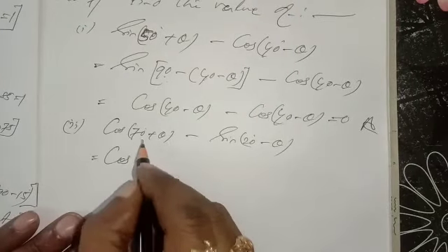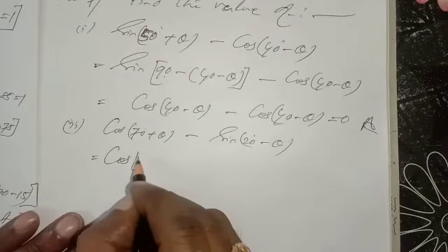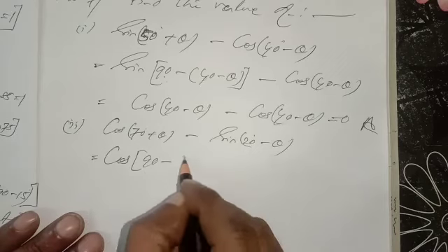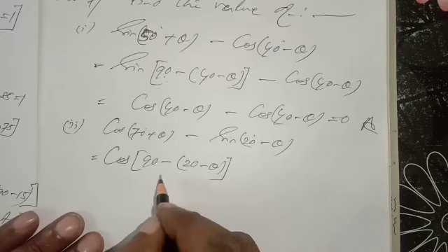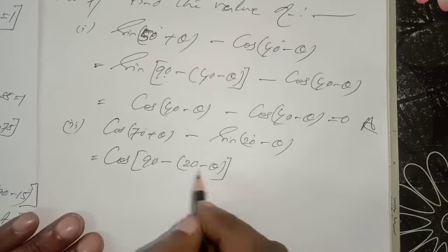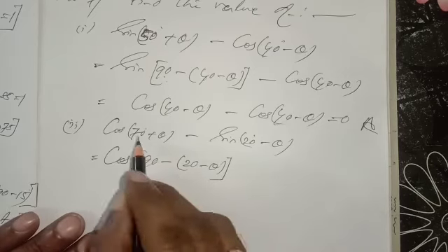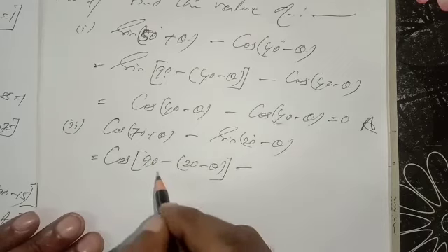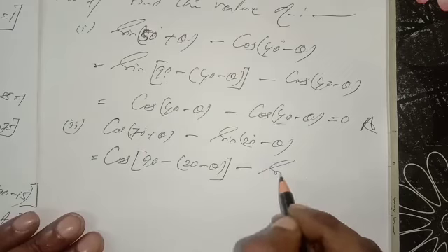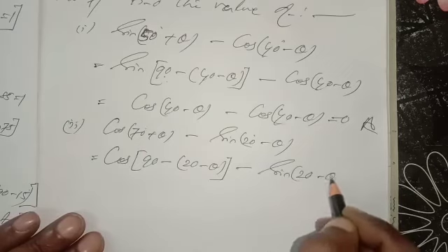Cos 70 plus theta, I can write 90 minus 20 minus theta. If you subtract 90 minus 20, you get 70 plus theta. So instead of 70 plus theta, I am writing 90 minus 20 minus theta. And the second one, keep it like this, sin 20 minus theta.